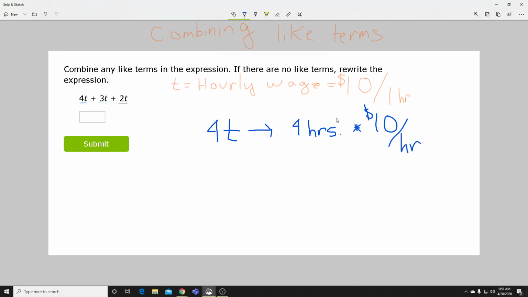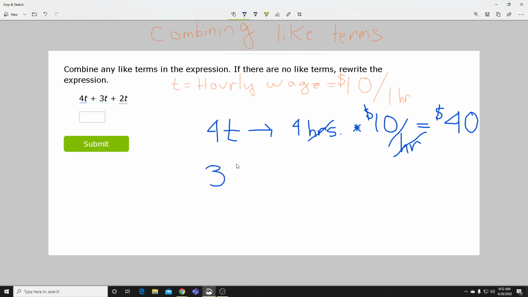And what you'll see is these units actually cancel out, and this gives us 4 times 10, $40. Now think about that. If you work for 4 hours and you're getting $10 each hour, that should not be surprising.